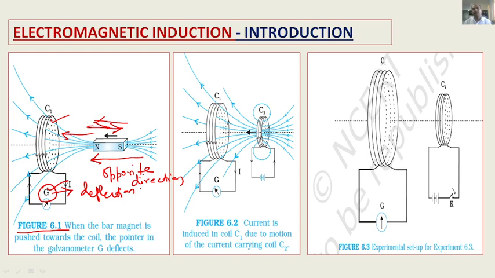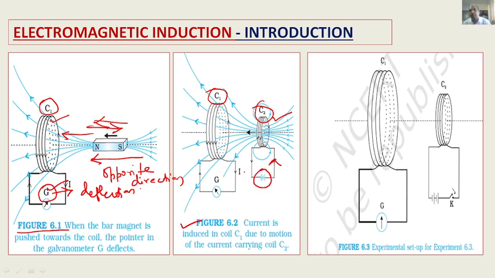In the second experiment, the bar magnet is not moved. The bar magnet is replaced with a current carrying coil. Here the first coil is named C1. The same C1 coil is placed, and another coil C2 is taken in which current is flowing.